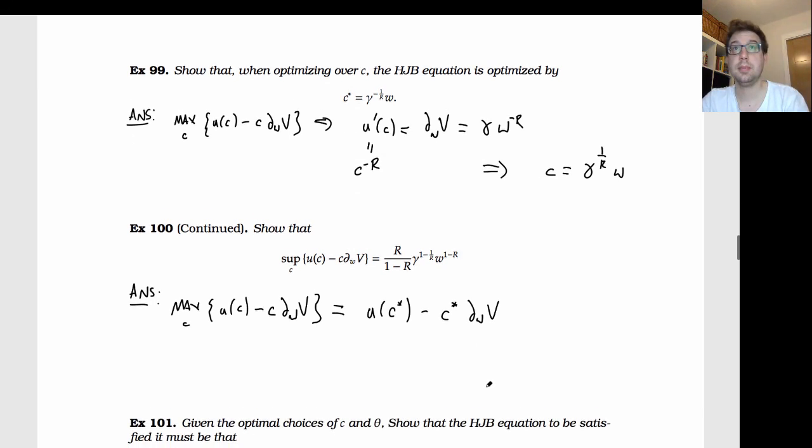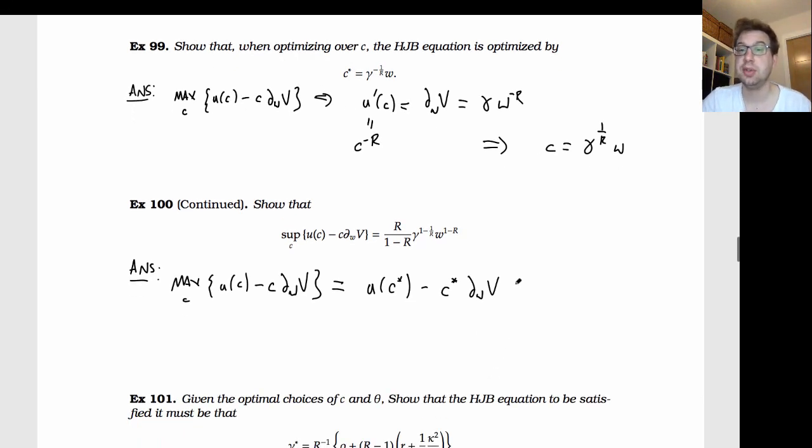Now I can substitute in all the values that I've got. So I'll just quickly remember that u is equal to c star to the 1 minus r, divided by 1 minus r, minus c star times the partial derivative of V.